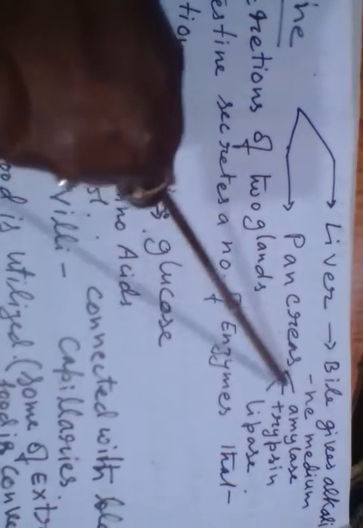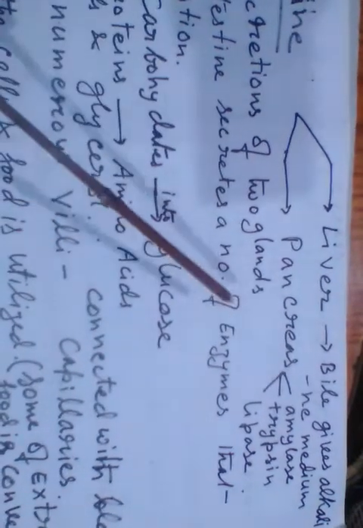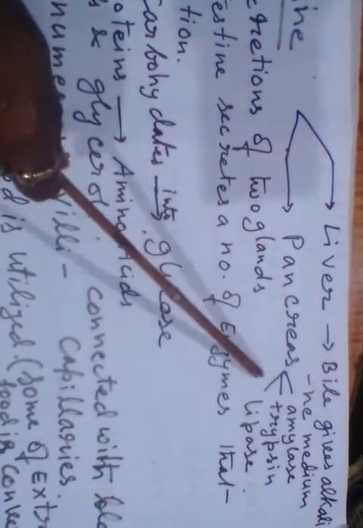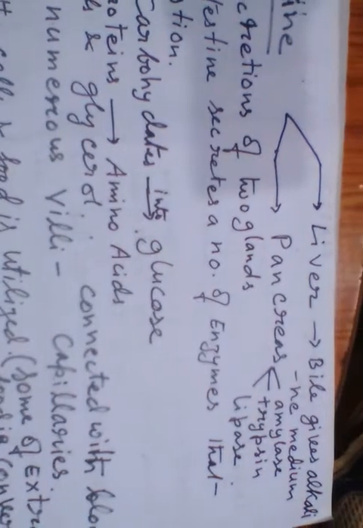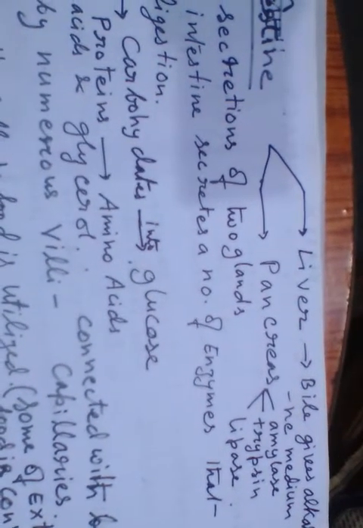This lipase acts on the emulsified fat, which is done by the bile. Emulsification of fat means the fat molecules are changed into small globules, and these small globules of fat are acted upon in this alkaline medium by the lipase enzyme to break them into simpler compounds.